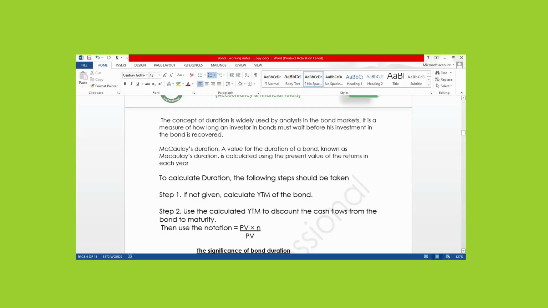Step 2, use the calculated YTM to discount the cash flows from the bond. Then step 3, use the notation. Look at the notation.